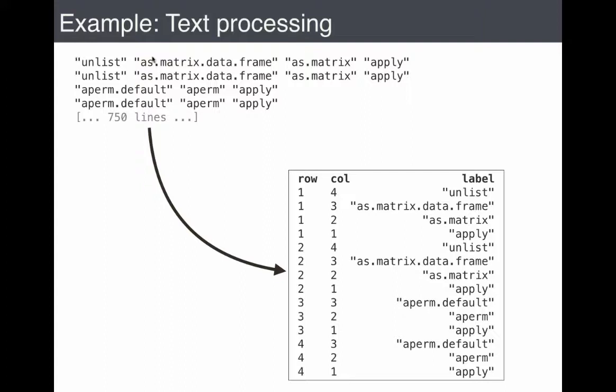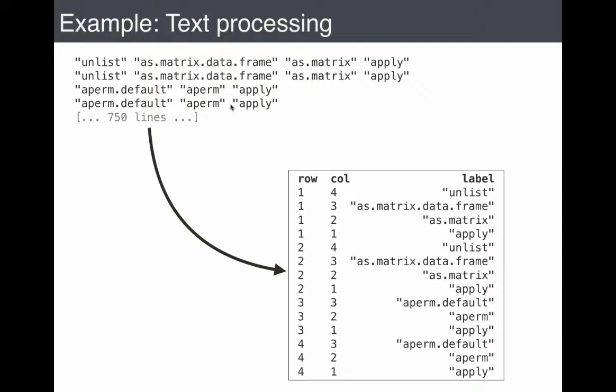It gets saved to a text file, and each line of text represents one sample, one moment in time, and this is the call stack. So apply is at the bottom of the call stack, and then as.matrix.data.frame, and then unlist. The next sample is like that. And then a sample further down the line might be calling apply and then aperm, et cetera, et cetera. And there's about 750 lines of this.